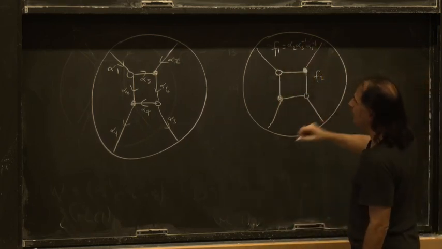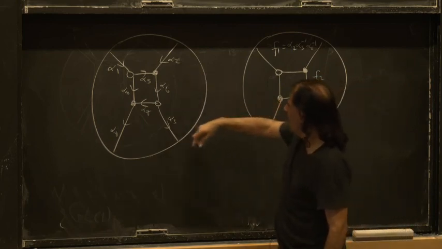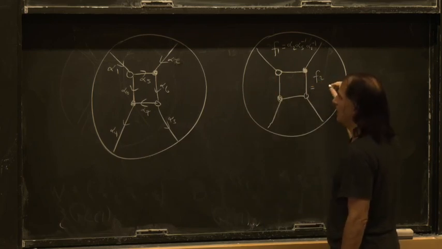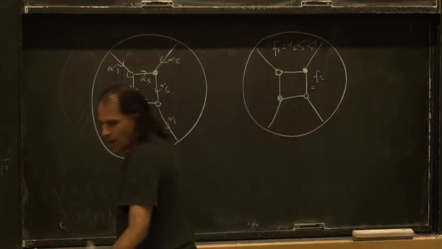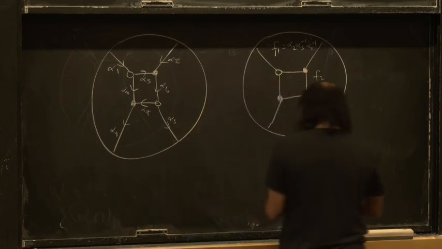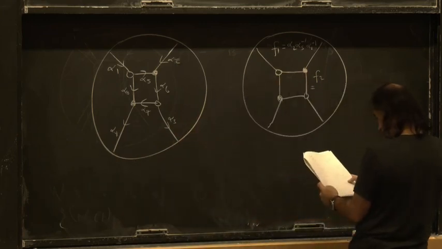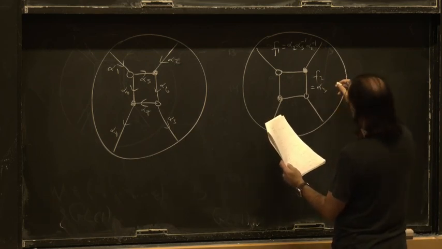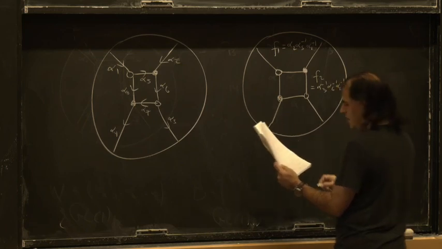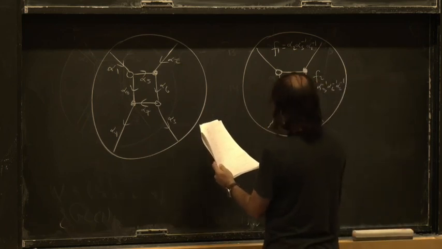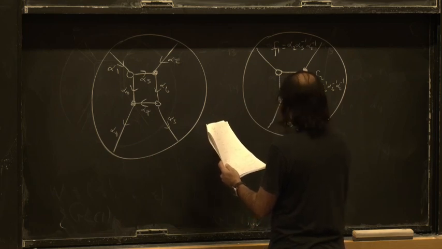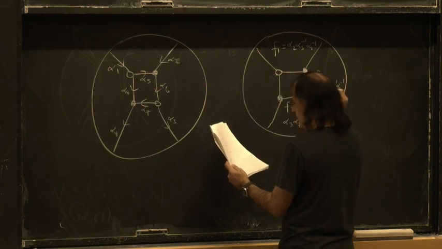I have this face variable, which is alpha 3 inverse, alpha 6 inverse, alpha 2 inverse. F3 is alpha 3, alpha 7 inverse, alpha 4 inverse.